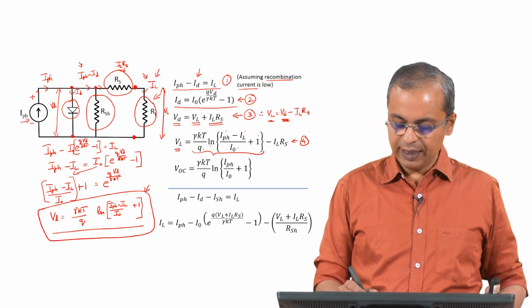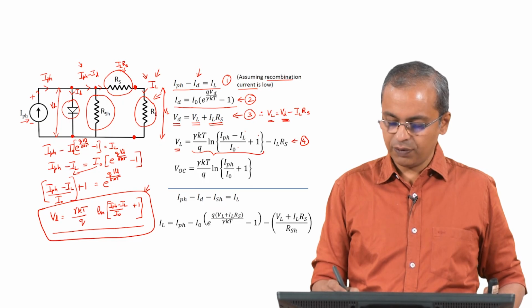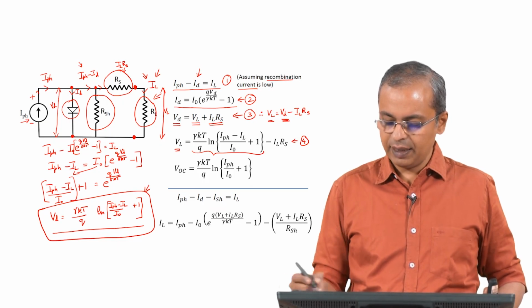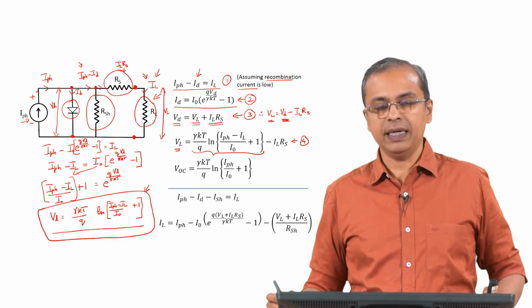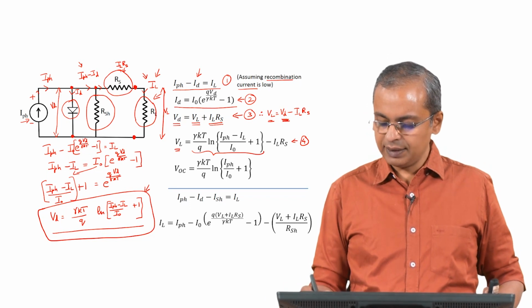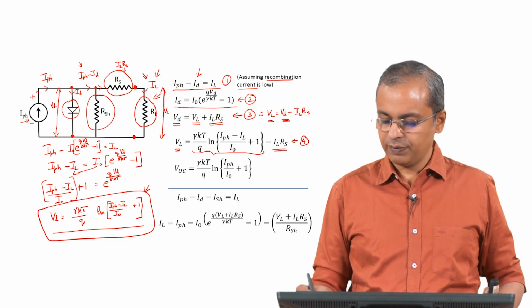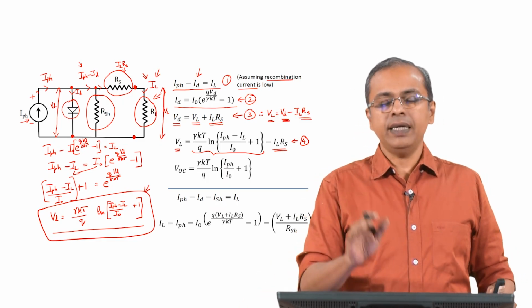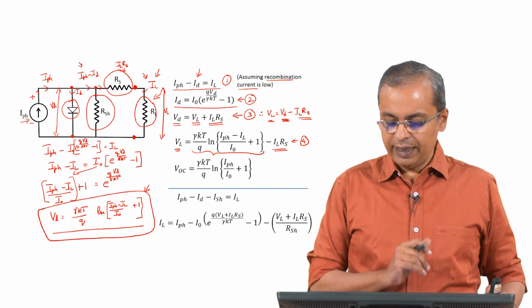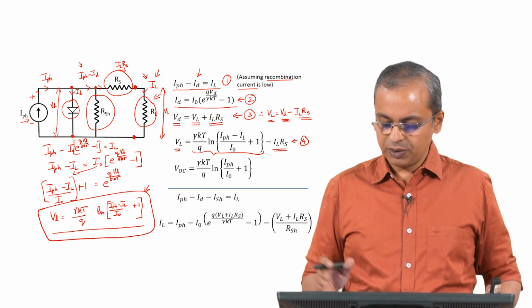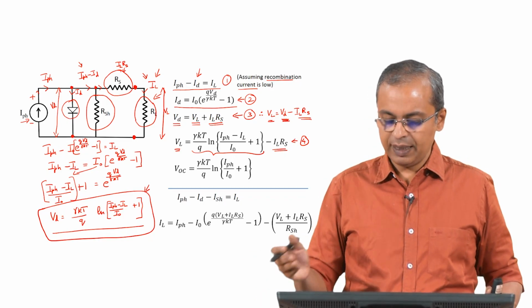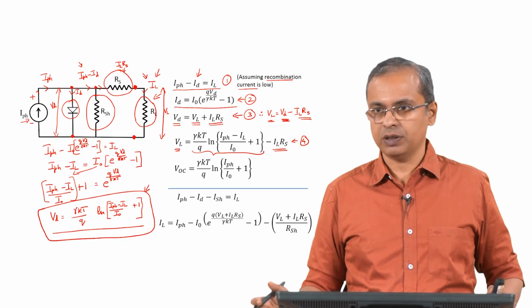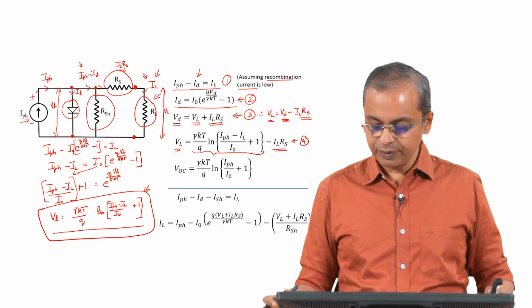So, we have basically got all the terms there, right. So, that is Vd, the diode voltage, and this is the IR drop, which is the same as this term here, fine. Now, this is the equation which relates the load voltage to the parameters that you see, which is the load current for example, and most of the other things basically being constants. So, that is essentially what we do.